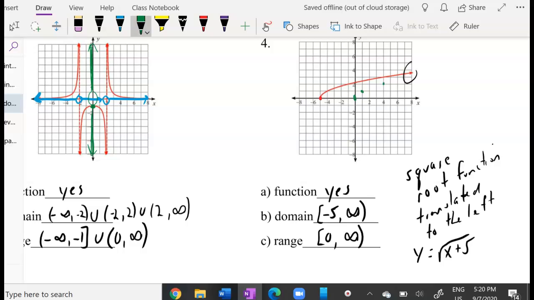It moves over 1 and up 1, and then it moves over 4 and up 2. 1, 2, 3, 4, up 2. That's definitely a square root function. It hits those points right on, and it's moved over 5 units. So this is horizontally translated to the left 5 units, and we're going to review those transformations also at the end of this week, Thursday or Friday. Okay, I hope you found this video helpful.